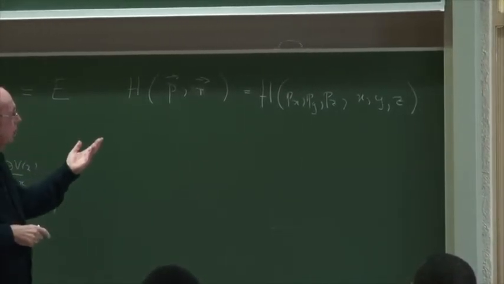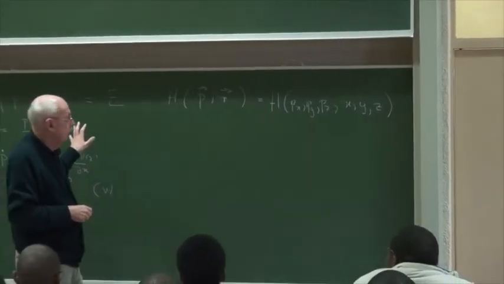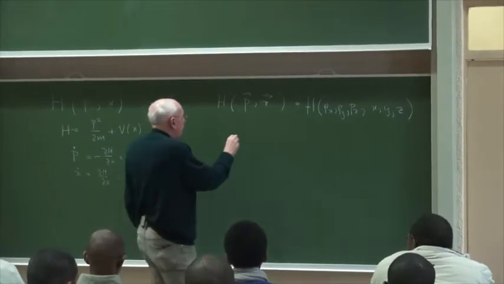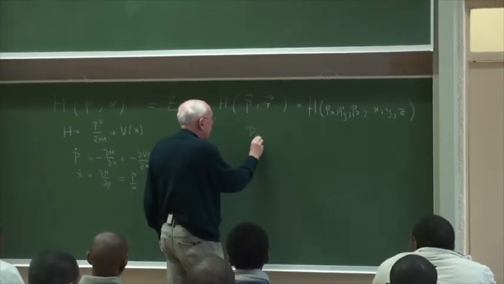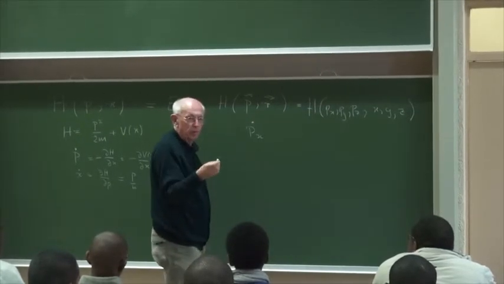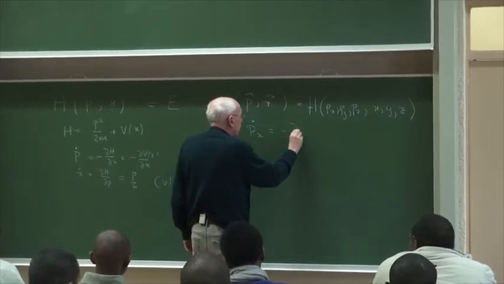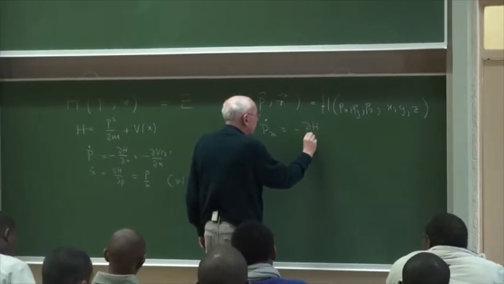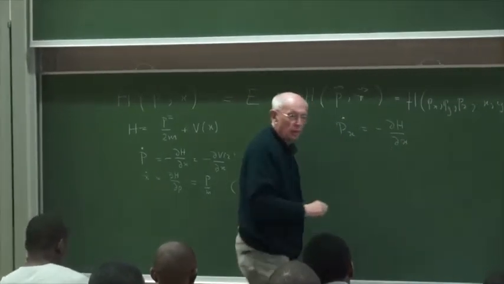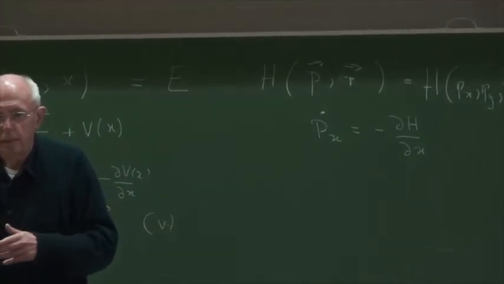But what is still true, the Hamiltonian equations are still true. If I want to calculate, for instance, px dot, then the thing that I will have to do is to calculate minus dh dx. And similarly for y and for z.